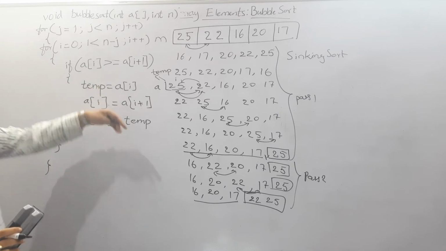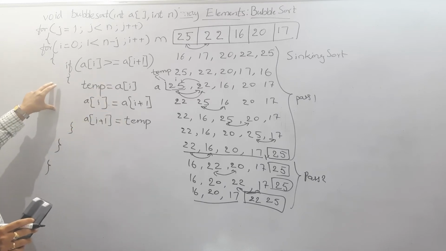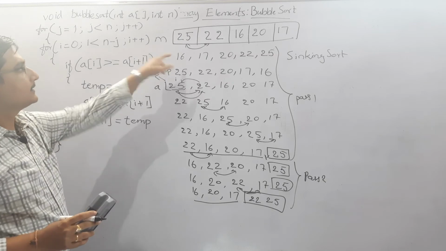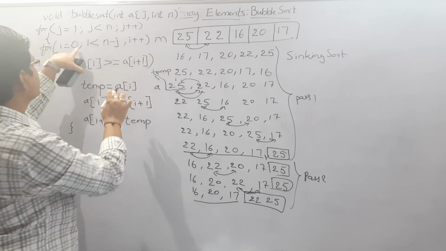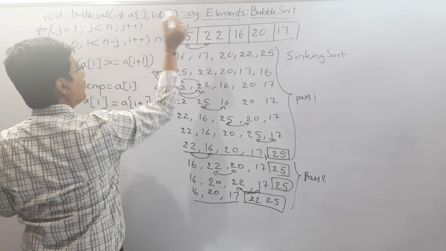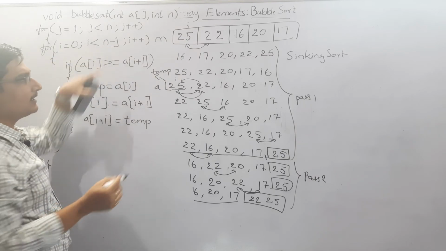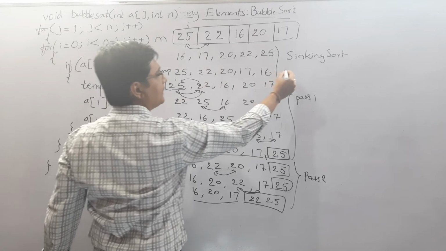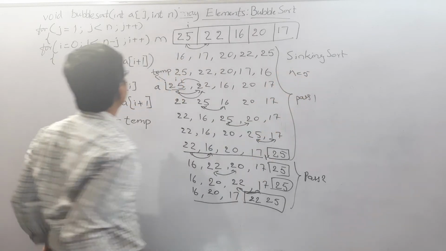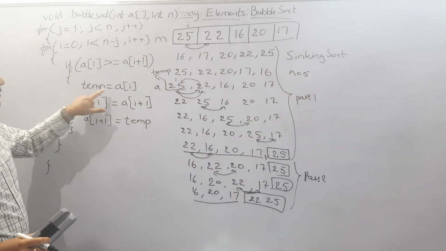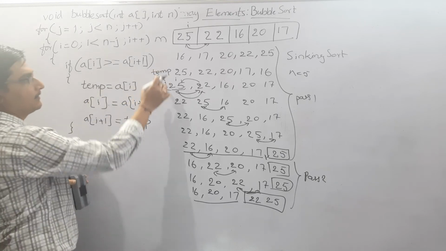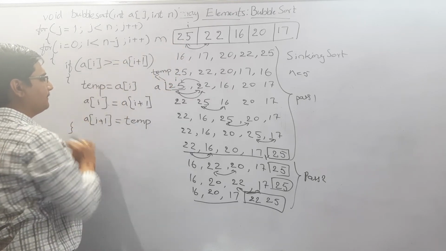We can trace the same thing using this bubble sort function. See that initially I is equal to 0 and I will be incremented till n minus j. Here n is equal to 5. Say temp equal to a of I, that is 25 is taken into temp.